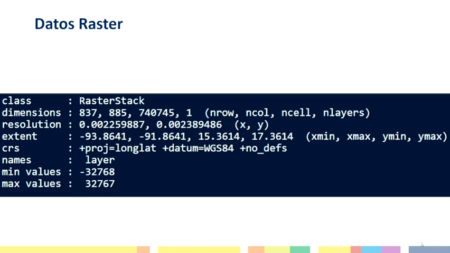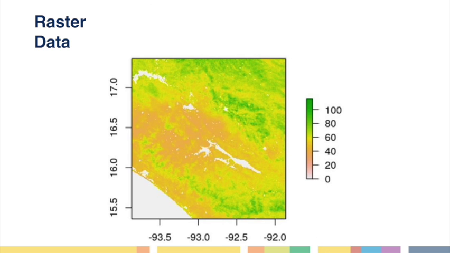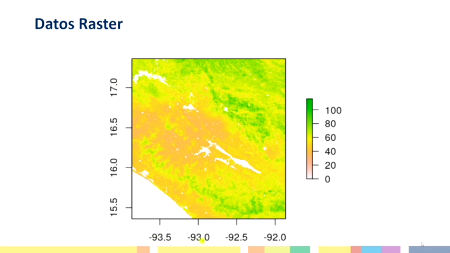So how can we read this in R? And after reading the information in R, I can also create a plot, a very simple map, and have this distribution of the values. These are the coordinates, the latitude, the longitude, and the values.